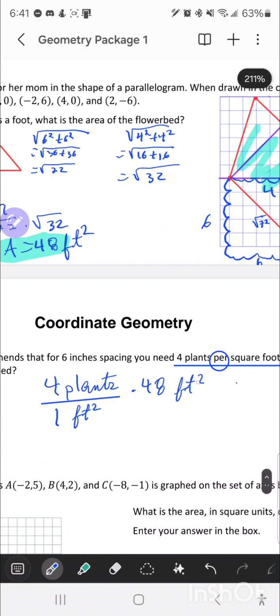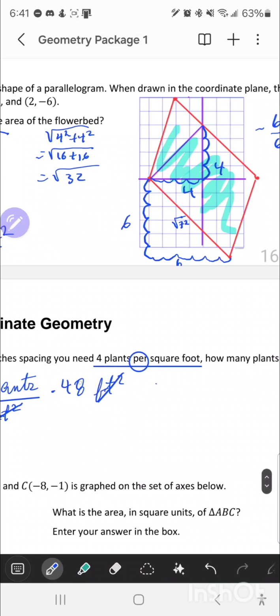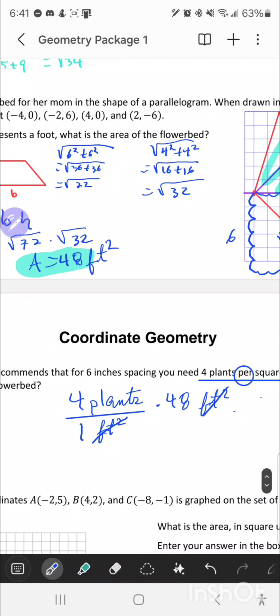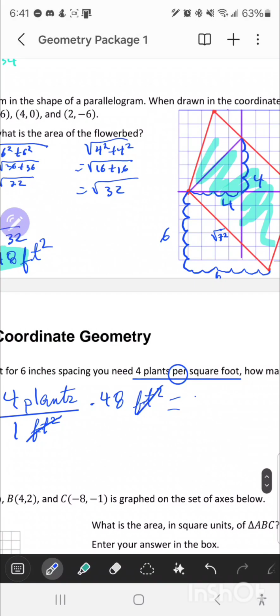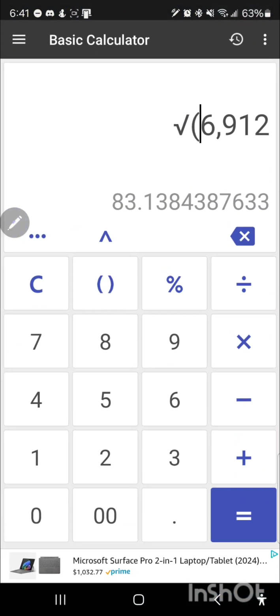Now, square foot divided by square foot cancels out, so we get 4 times 48, with the plants here. 4 times 48 is 192 if I'm not mistaken.